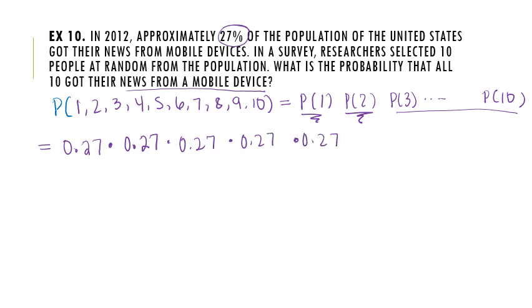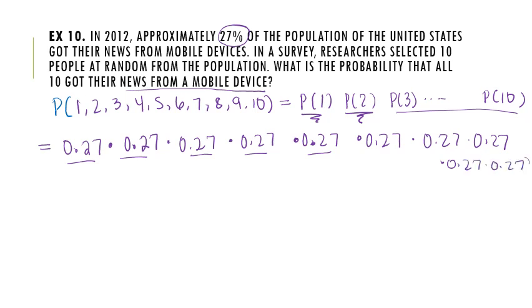So in total, I should have 10 of these. 1, 2, 3, 4, 5, 6, 7, 8, 9, and 10. So it's 0.27, and there's 10 of those. We could simplify that to 0.27 to the 10th power.